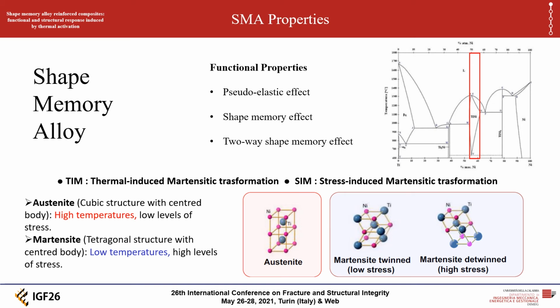The martensite has a distorted atomic structure, called twinned martensite, that can be reorganized into an aligned structure, called detwinned martensite, resulting in an overall deformation. By detwinning the material, you can accumulate a residual deformation, like a spring that accumulates potential energy. The shape memory effect is provided by the phase change between the two crystal structures.